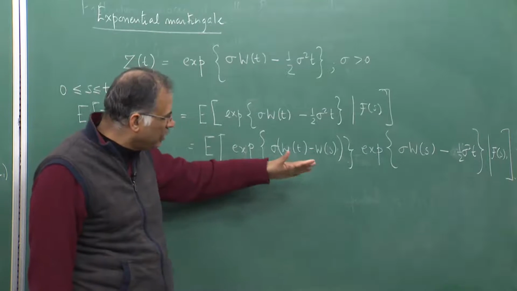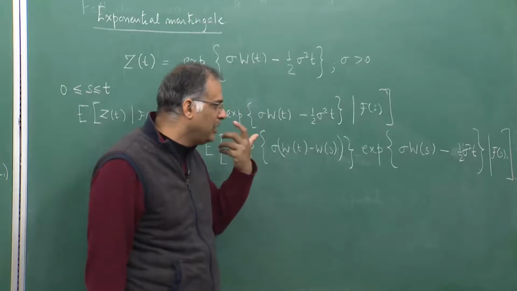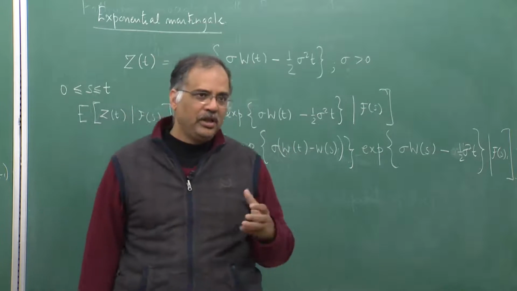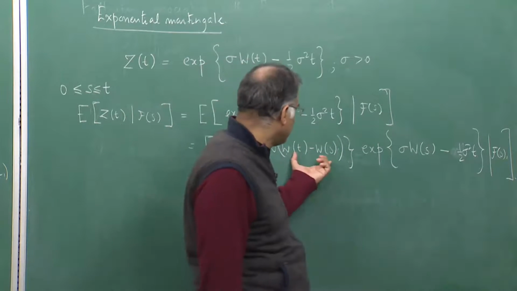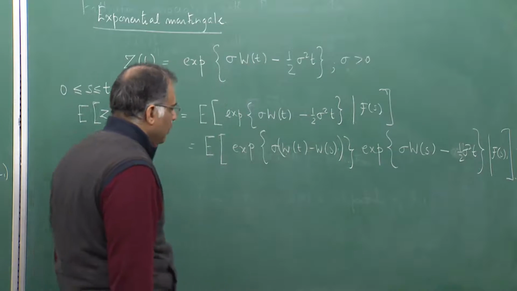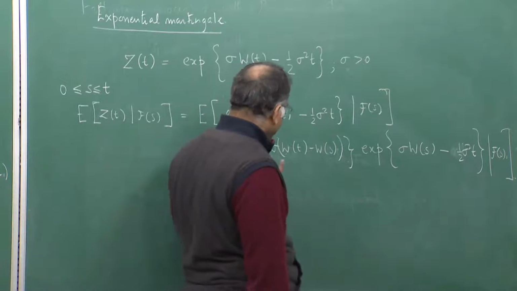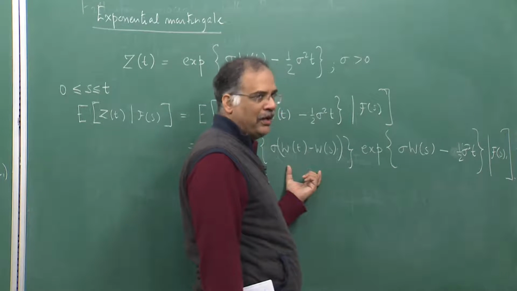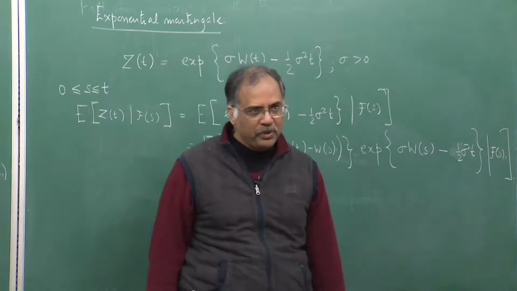There are certain technical issues I am not getting into, but what is the meaning of integrability of a random variable? Integrability means that the expectation is finite. The expectation of this is finite, and this is finite. So this exponential function will be integrable, and this exponential function would also be integrable.